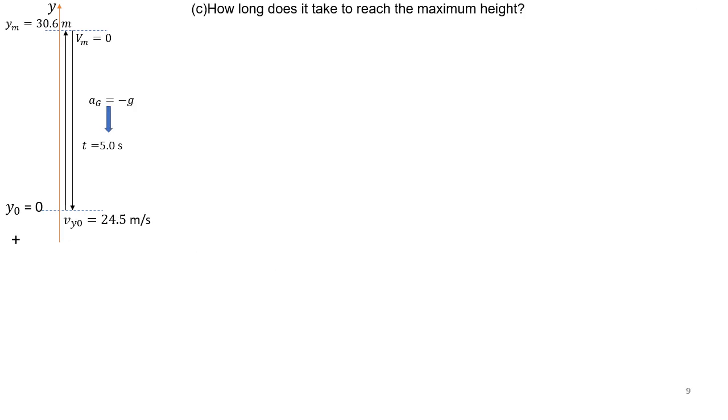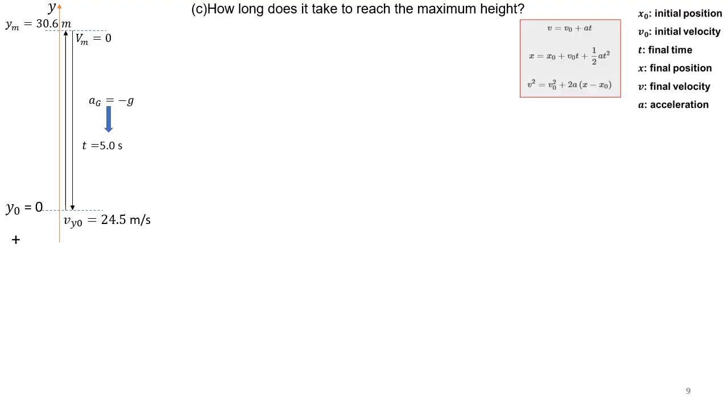Next question. How long does it take to reach the maximum height? The time taken from the starting point to the maximum height. Using symmetry, we can get it by dividing the total time, 5 divided by 2. But using the first equation, we can also calculate it.